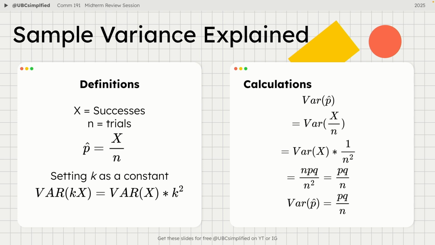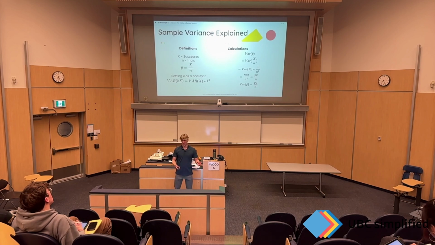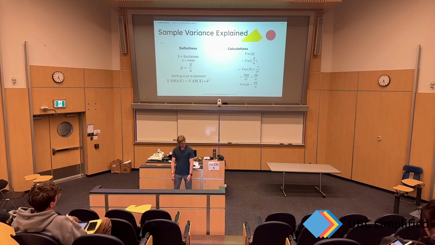The variance of P hat is the variance of X divided by N, and we take out N, which has to be squared, so it's 1 over N squared. As we saw before, the variance of a population is NPQ, and now we're dividing that by N squared. So we're left with PQ over N as our formula for variance. If we take the square root of that, we have our standard deviation formula for the sample, which is the square root of PQ over N, and that would be for our sampling distribution.